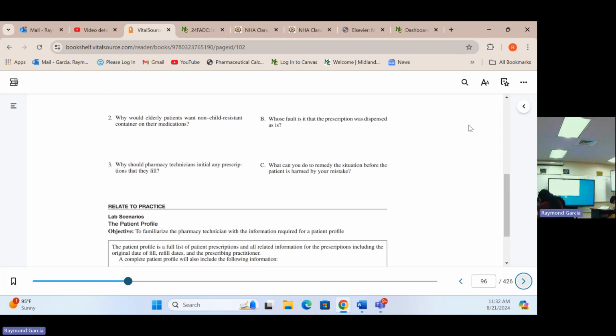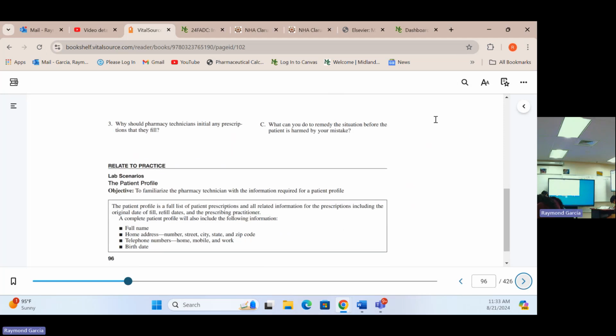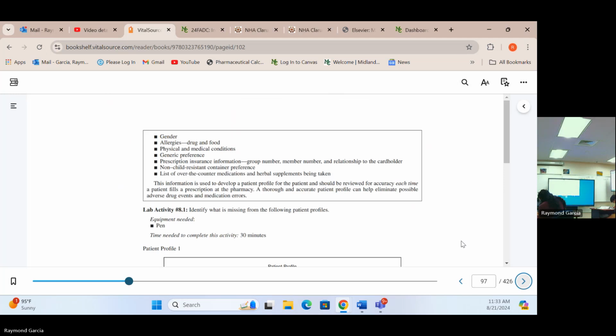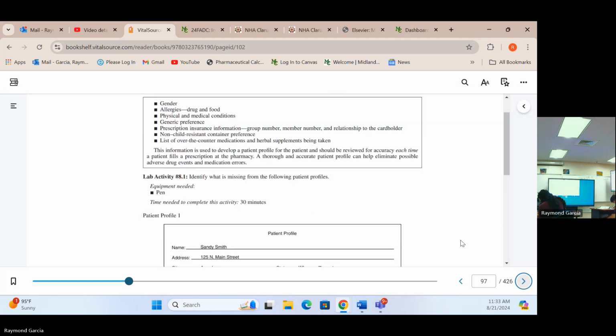However, you can remedy the situation by double checking or triple checking the prescription before heading out to lunch. Let the pharmacist know of a possible mistake and verify. Also, you can call the patient, and if the patient says, well, I already took it, uh-oh, they might want to go to the doctor.